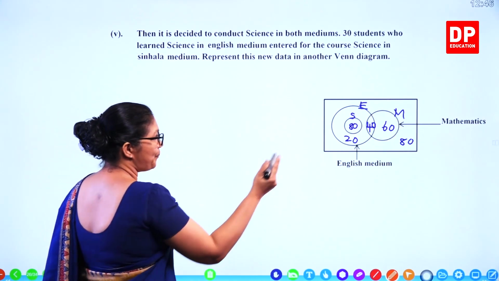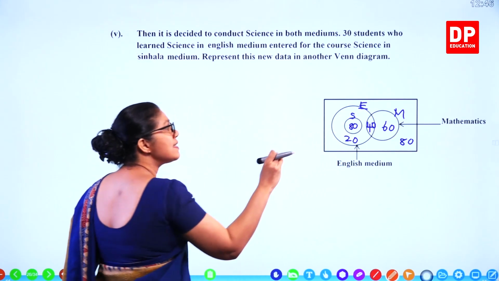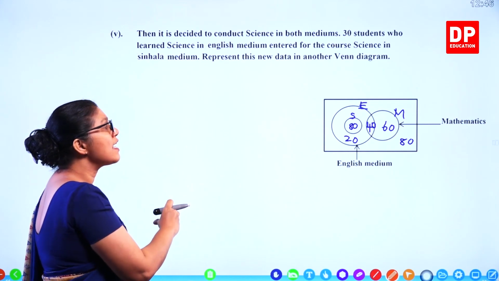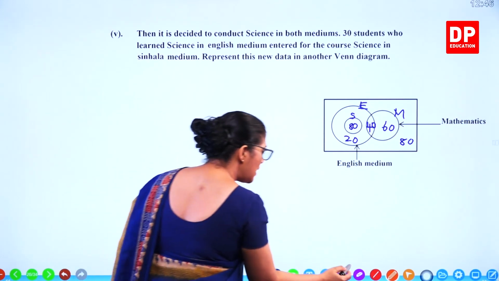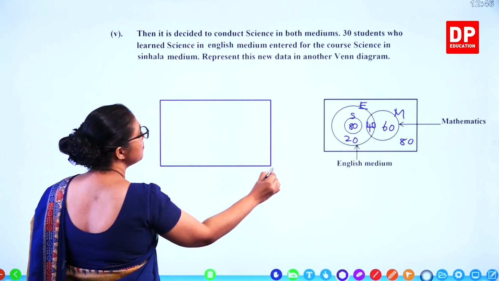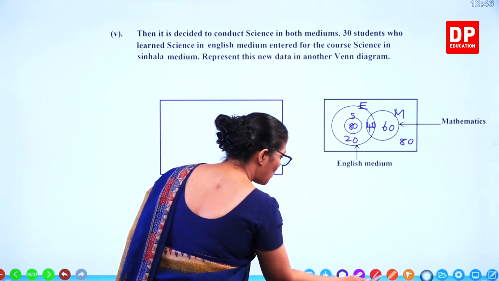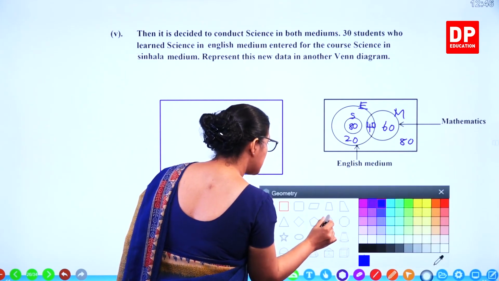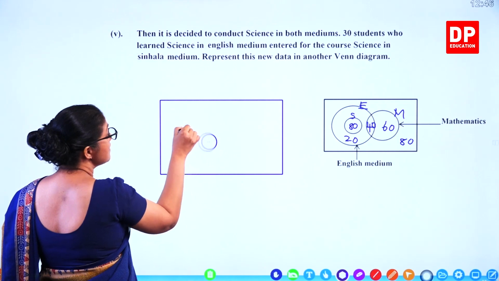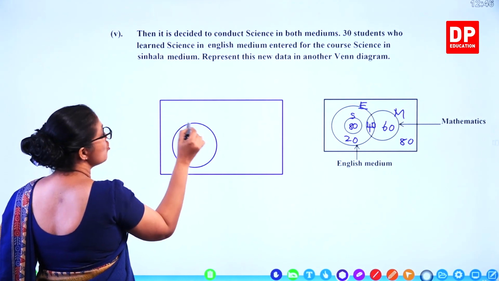Now it says out of 80 students in science, 30 students moved to Sinhala medium. Now you have to draw the new Venn diagram. So that means we have to draw 3 circles now. Not the science circle inside the English medium circle.